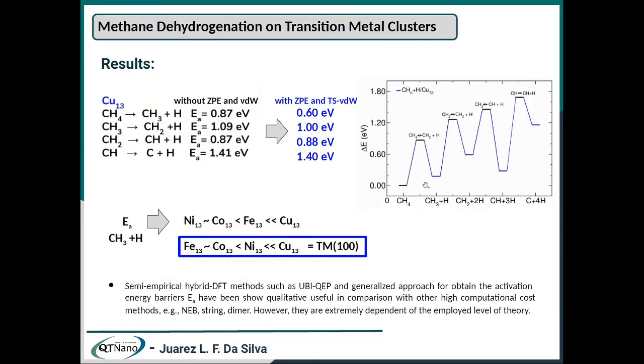So, and how about the kinetic point of view? I will show you the copper systems for the four steps of the hydrogenation process and the activation energy barriers with ZPE and VDW corrections, and without ZPE and VDW corrections, where we can see that the addition of these corrections especially changes the first step of the hydrogenation process, since we have a better description of the longer range interactions between the CH4 and the metal clusters.